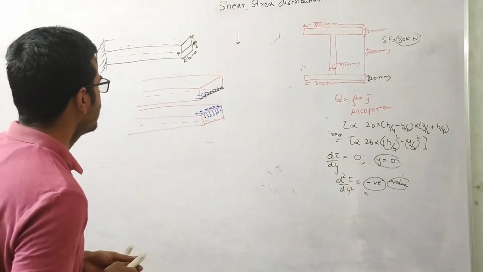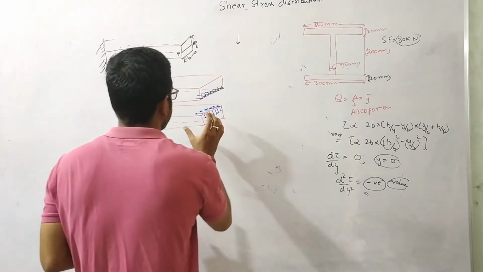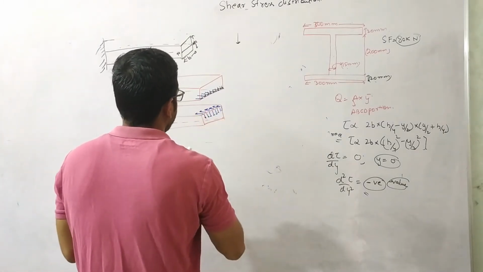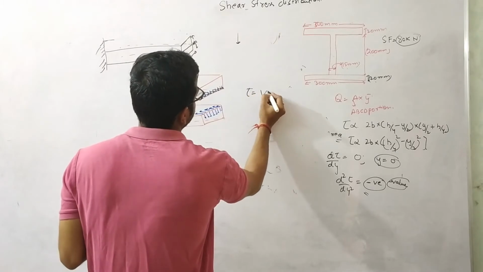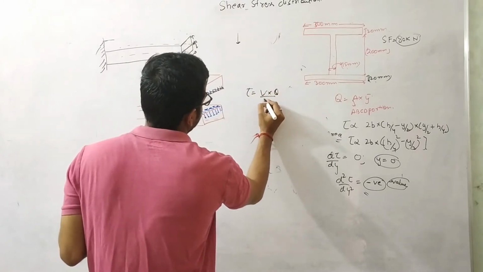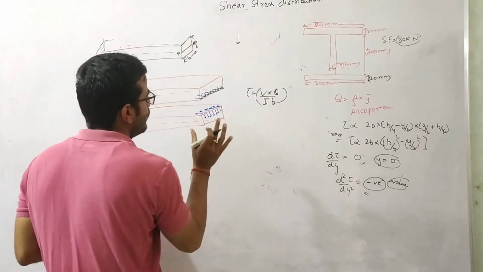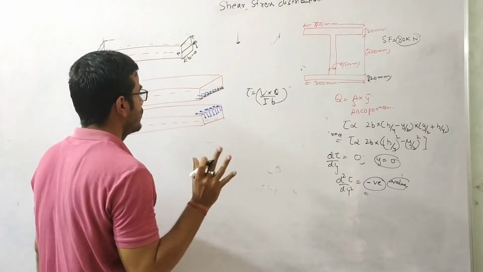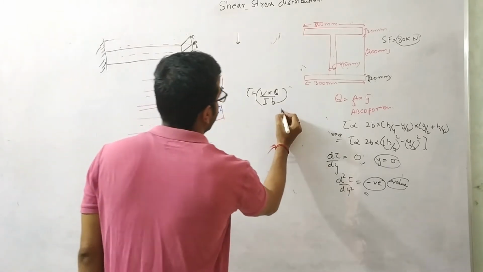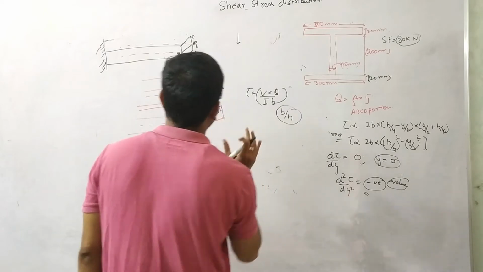Remember one thing: last time we assumed, as per this formula tau equals V into Q over IB, that the shear stress is constant across the width, but that is not a true case. It depends upon the B by H value, which we have discussed in detail.